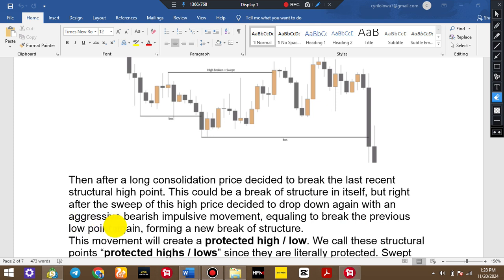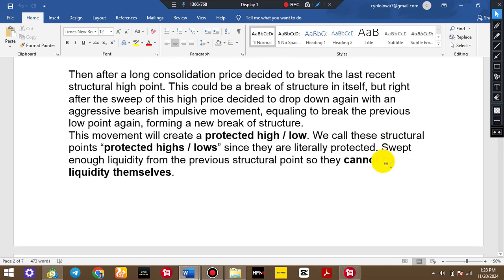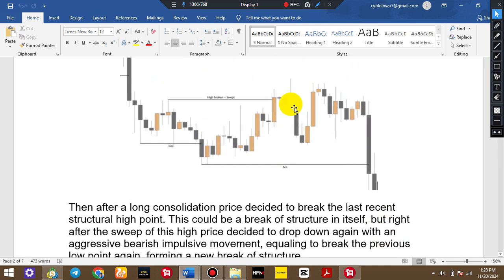Again, forming a new break of structure towards the downside. What it simply means is that initially this was a sweep, but after the price went up again and broke above that high totally, then came down with an aggressive move towards the downside, then it broke structure here, taking out the previous low aggressively.